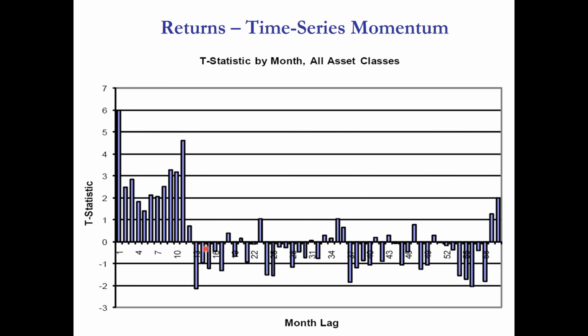However, as we hold the portfolio longer than 12 months, let's say up to 60 months, you can see that after 12 months, starting from 13 months and onwards, the returns are mostly negative. So you can see that momentum is an intermediate type strategy. You need to hold it up to 12 months, and if you hold it longer, you will actually earn a negative return, or you actually underperform the market.